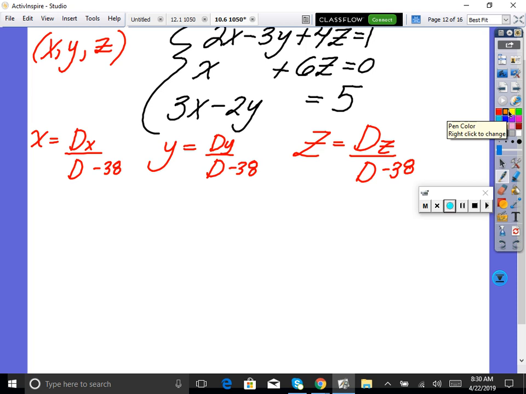Okay, let's do dx. dx, so that means x is gone, and we're replacing it with 1, 0, 5. So then we have a -3, then a 4, don't we? 0, then 6, and then -2, 0.